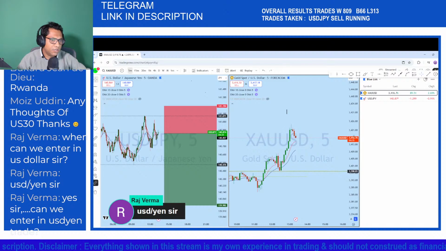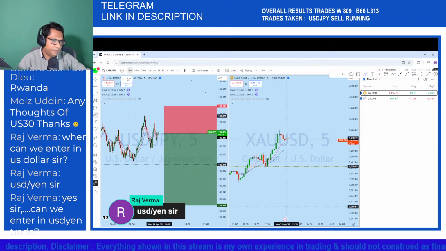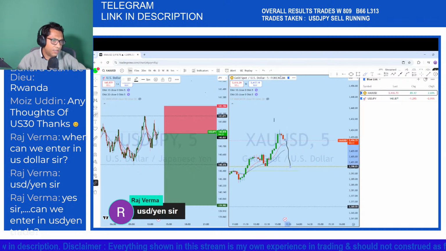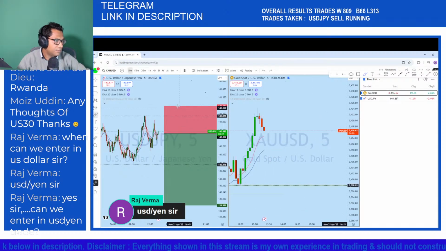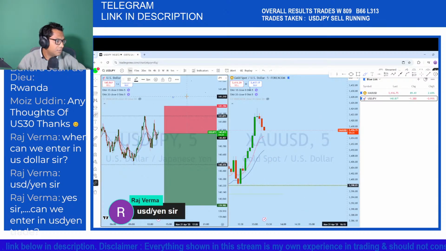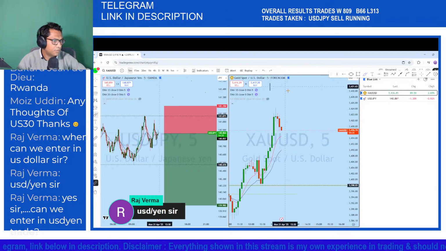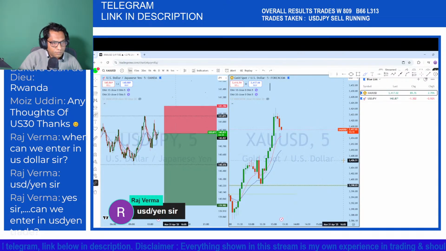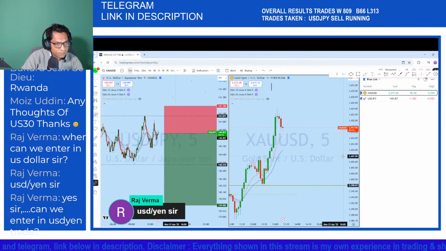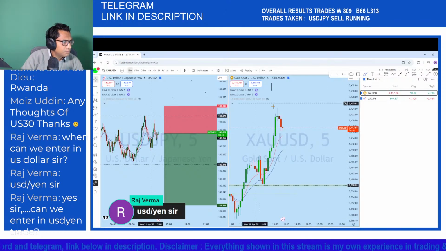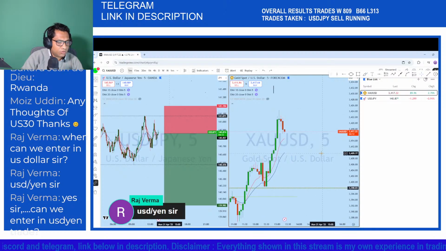So here we can see the lower time frame, the market slowly coming down to that support level. So USD coming slowly back below that support.